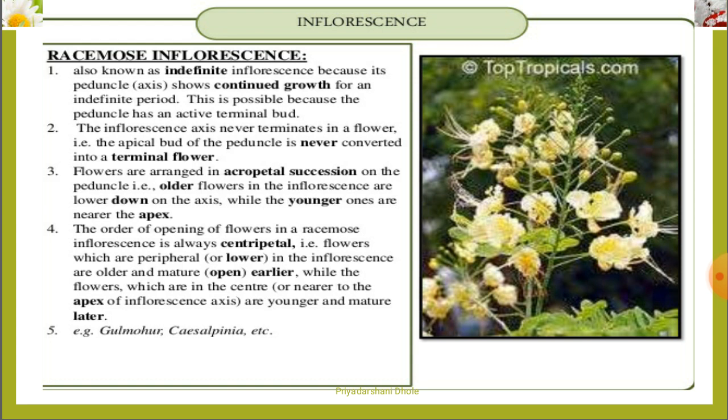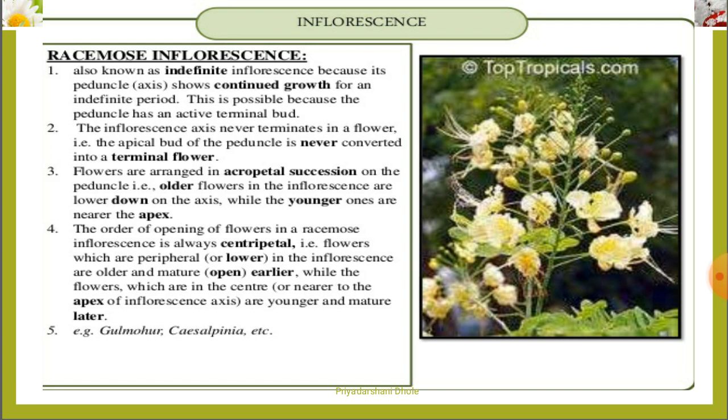So it is an indefinite growth, because its peduncle shows continued growth for an indefinite period, and this is possible because the peduncle has an active terminal bud. Now the axis never terminates into a flower. The younger ones never terminate into a flower, and the apical bud of the peduncle is never converted into a terminal flower.